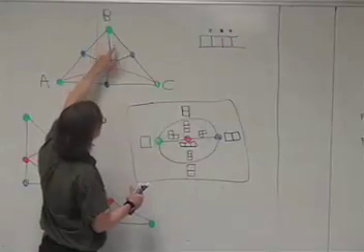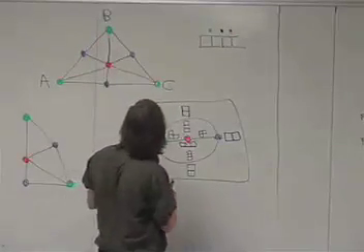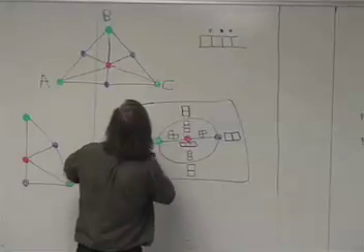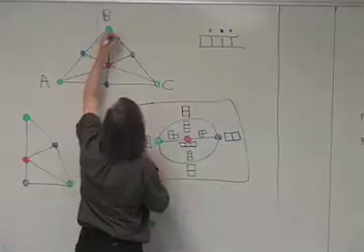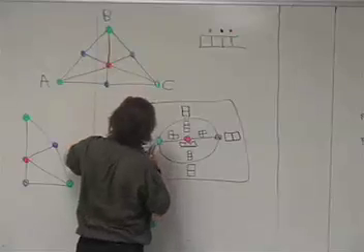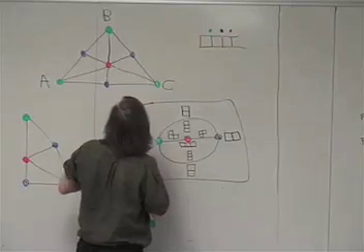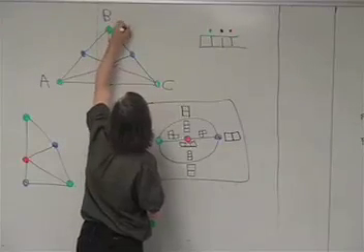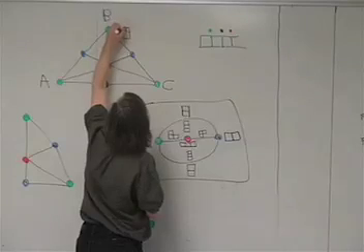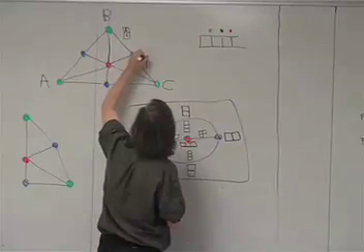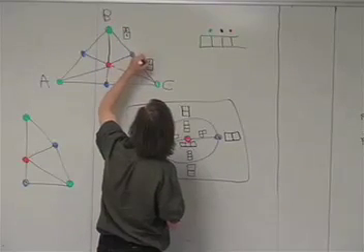So in other words, over here we have the piece that's labeled BC. And over here we have the piece that's labeled CB.